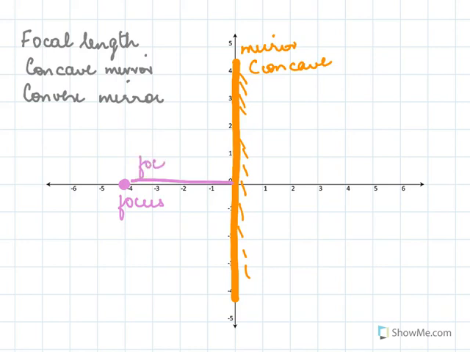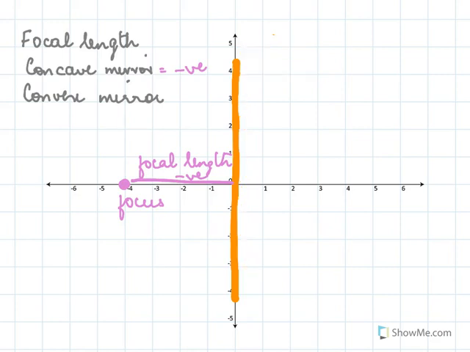You will definitely agree the focal length is in the negative. So concave mirror, focal length is negative. But when it comes to convex mirror, we know the focus is virtual, it comes on this side, here. So the focal length will be measured in the positive part. So for convex mirror, it will be positive.